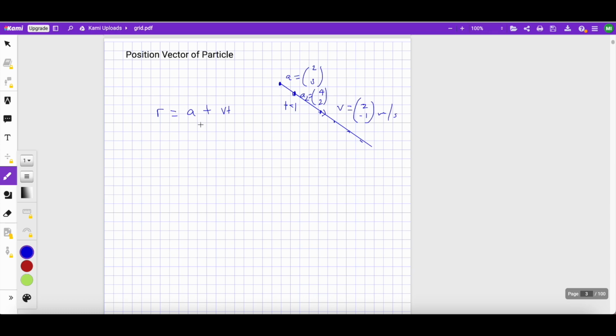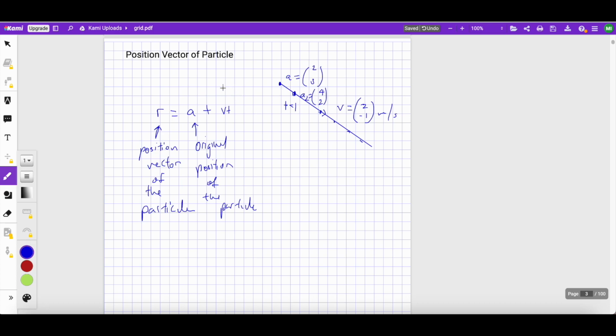What is r, what is a, what is v, what is t? r is the position vector of the particle, so wherever it is, that's the r position. a is your original position, or starting position, of the particle. So we need to know where it started from, so then we know where it's going to move ahead.